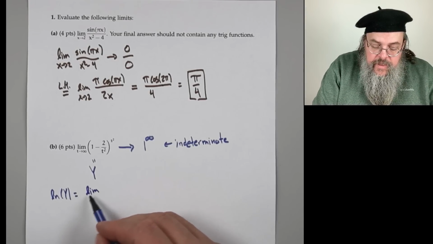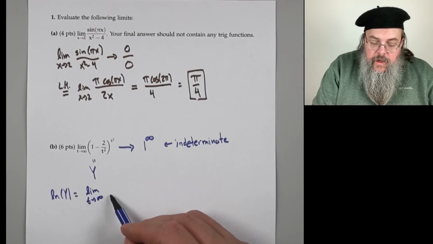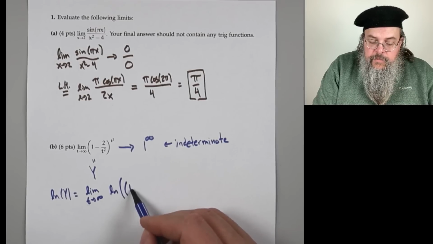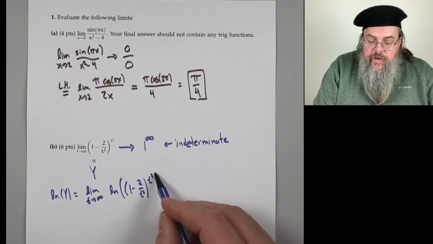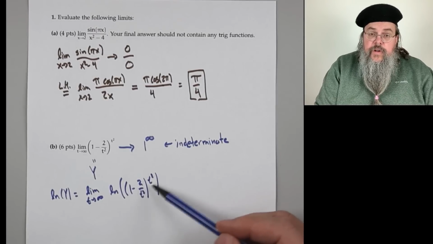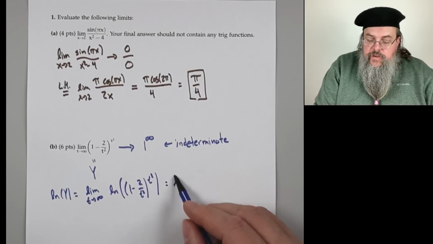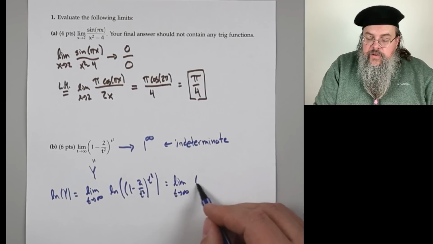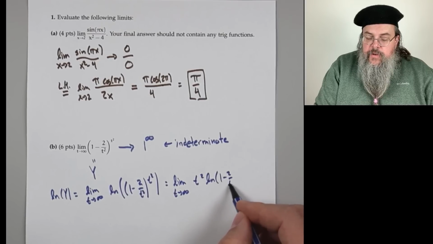This is the limit as t goes to infinity of log of (1 minus 2 over t squared) to the t squared. And now we start using properties of logs. The exponents can come down. Good. So that's the limit as t goes to infinity of t squared log of (1 minus 2 over t squared).